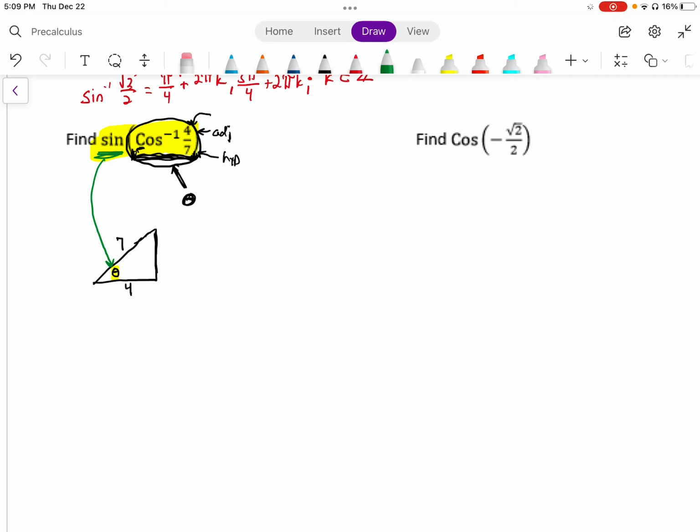Well, sine is opposite over hypotenuse, so I need to find this opposite side here. I'll just call it A. So we can say A squared plus 4 squared is equal to 7 squared. Subtract 16 from both sides, and we get 33. So A equals the square root of 33.